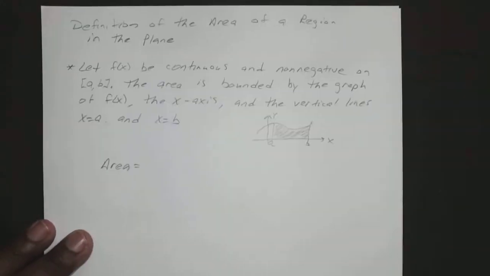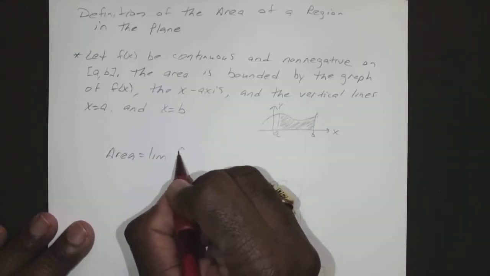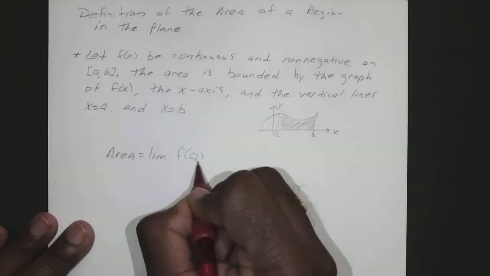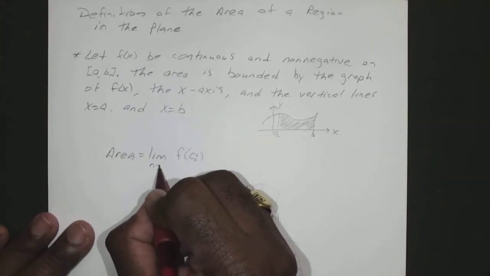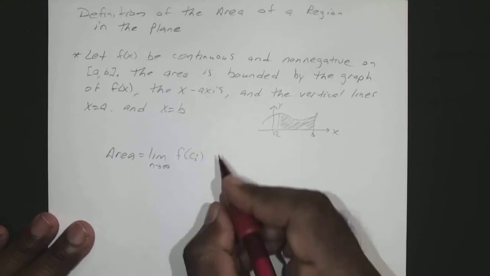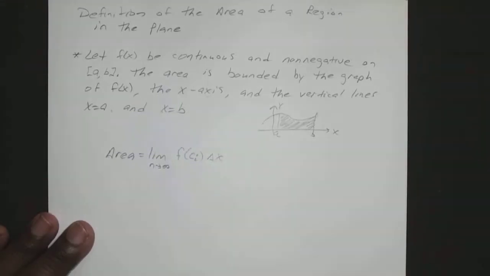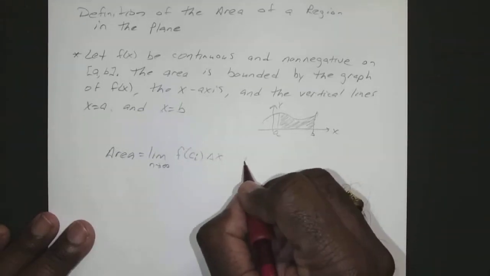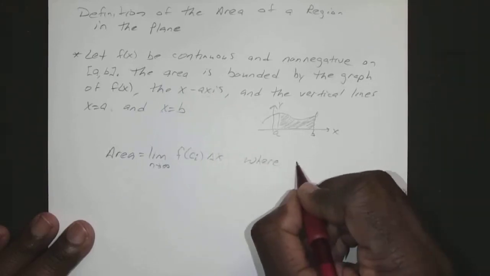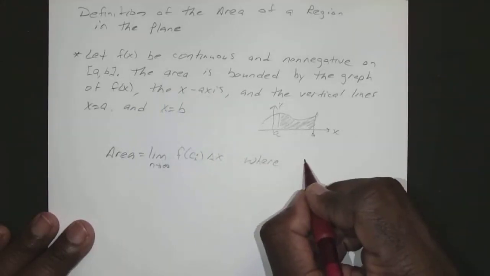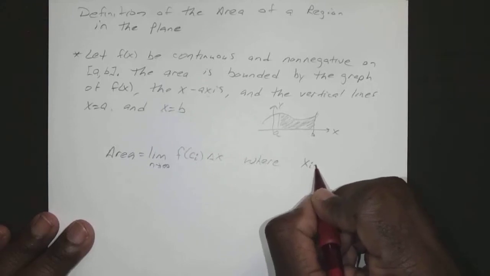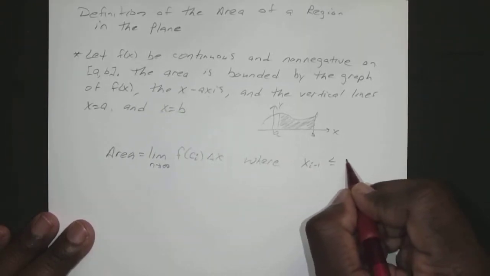the area is actually equal to the limit of the sum of f of c sub i times delta x as n approaches infinity, where our c sub i is between x sub i and x sub i minus 1.